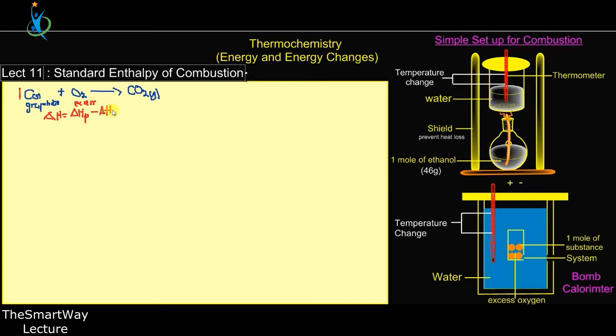So every enthalpy change, whether enthalpy of combustion, formation, or hydration, is always the sum of the enthalpy of the products minus the sum of the enthalpy of the reactants. Here, because we are doing it under standard conditions, it is the standard enthalpy of combustion. This sign means standard, and the C tells you combustion.